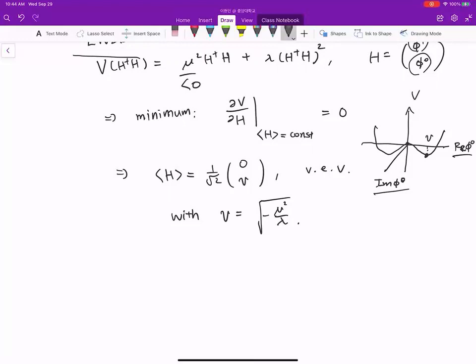And then we have two directions to go, this way and this way. You can do a perturbation around the vacuum in this neutral component, and also in the charged component.